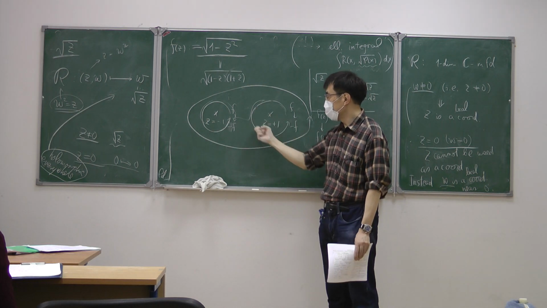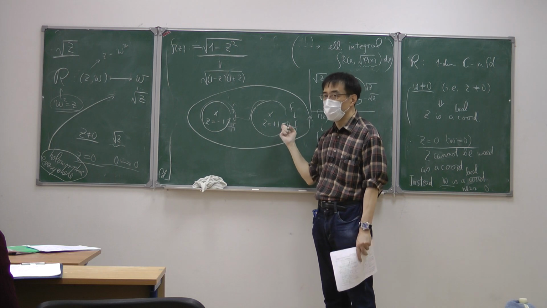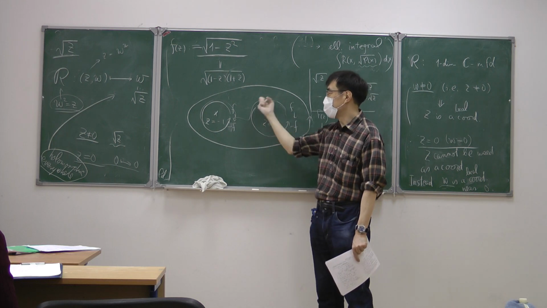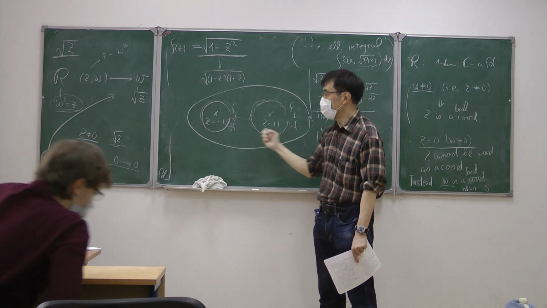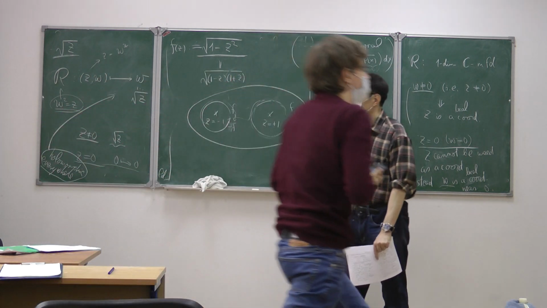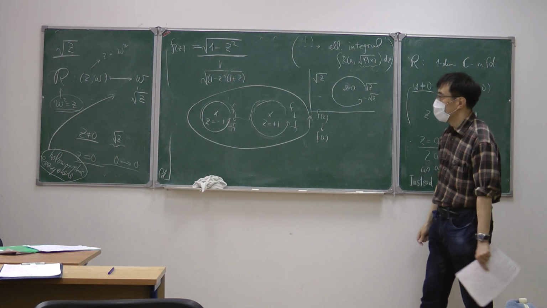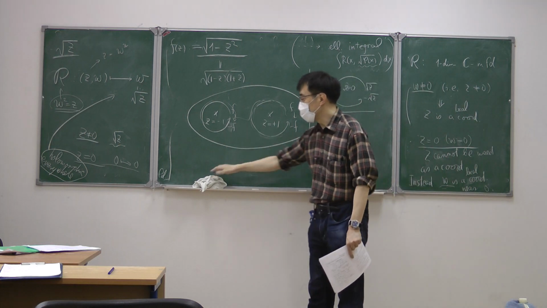In this picture we can explain this. Here -1, here -1, so -1 times -1 is +1.